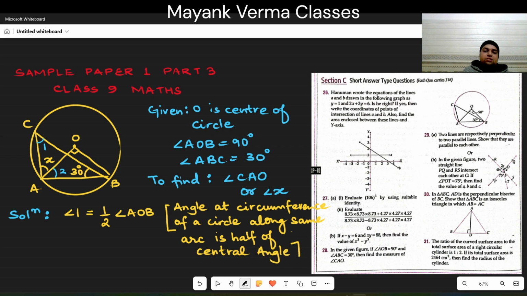Okay, this will be the reason for that. So angle 1 will be equal to 45 degrees, which we get to know.